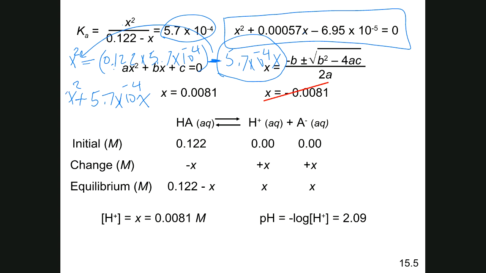This number is positive. When you move it over, it would change to negative. So we have minus 6.95 times 10 to negative 5 equal to 0. That's how you set up your quadratic equation.